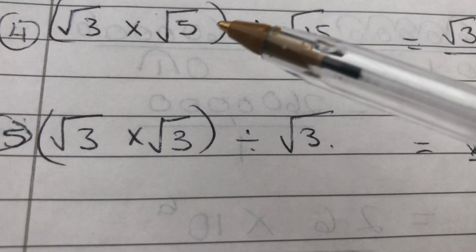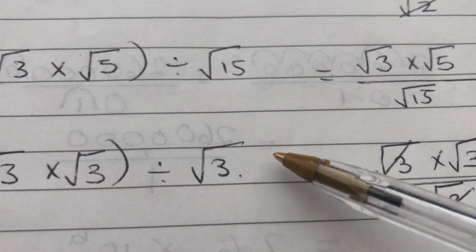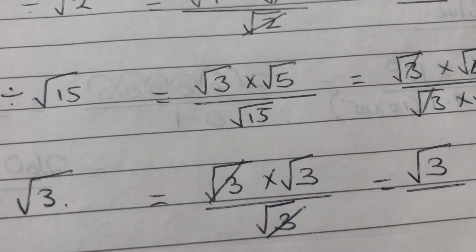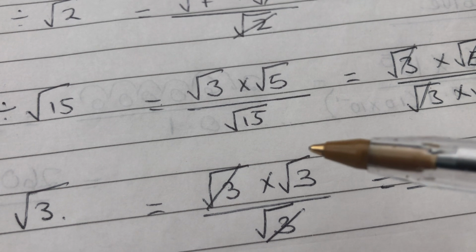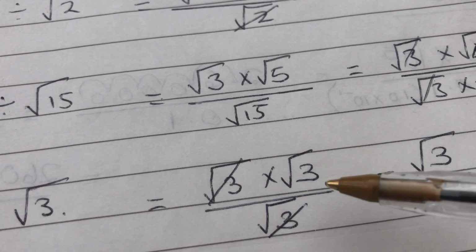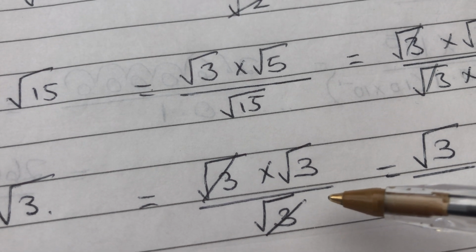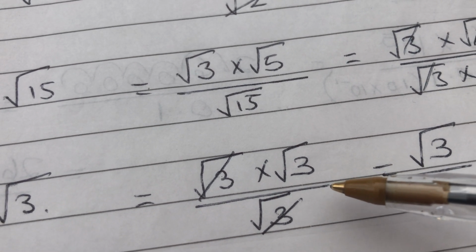Root 3 times root 3 divided by root 3. Here it's also simple. If you do root 9 over root 3, you are going to get 3 divided by root 3.